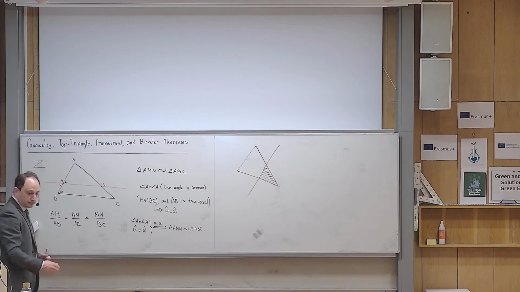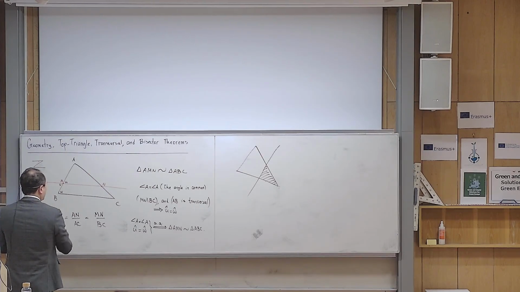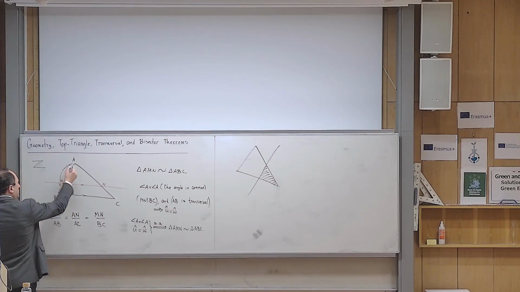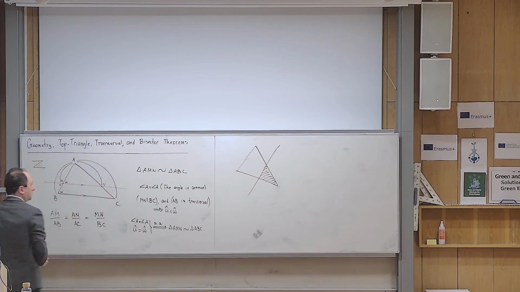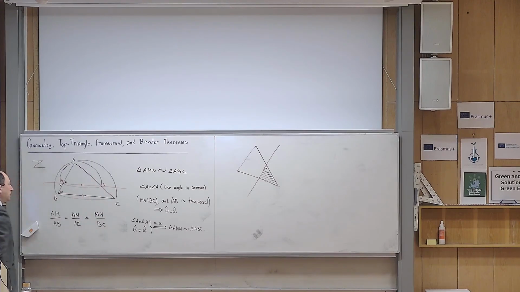If you draw this line parallel, so let me just put a line here, so this line is parallel to this line, then what can you write? You can write AM to AB is equal to AN to AC, and is equal to MN to BC. So this picture you have to have in mind. That is the content of the transversal theorem.